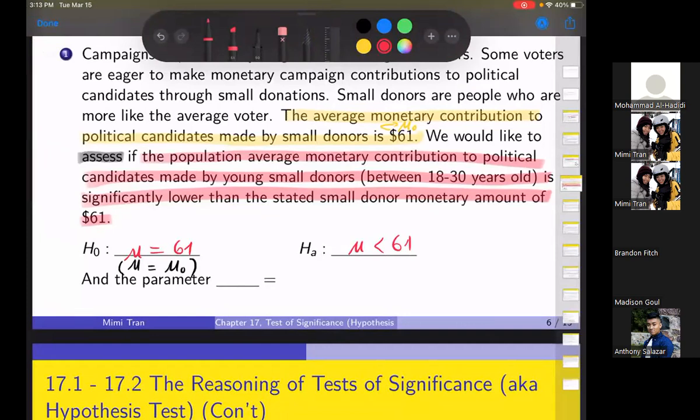That's easy. The parameter here is mu. The one I'm interested in is mu. And what is mu? Well, it's the population mean, or sometimes I call it the true mean.